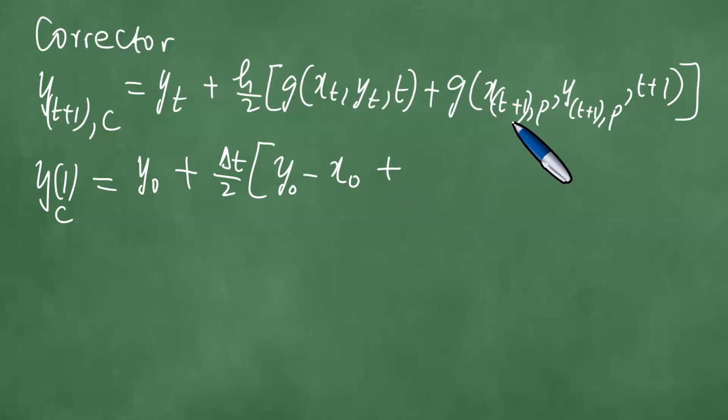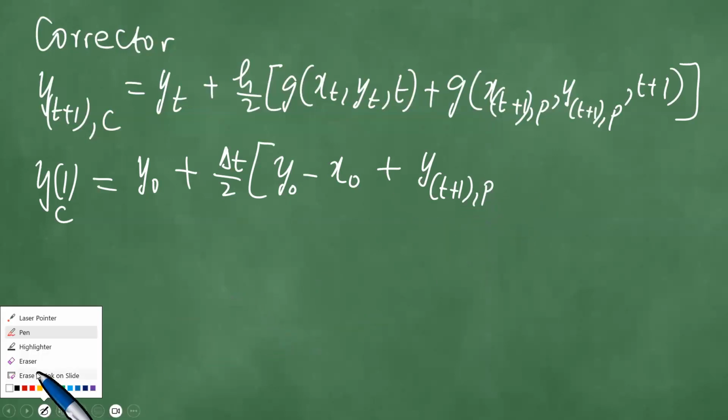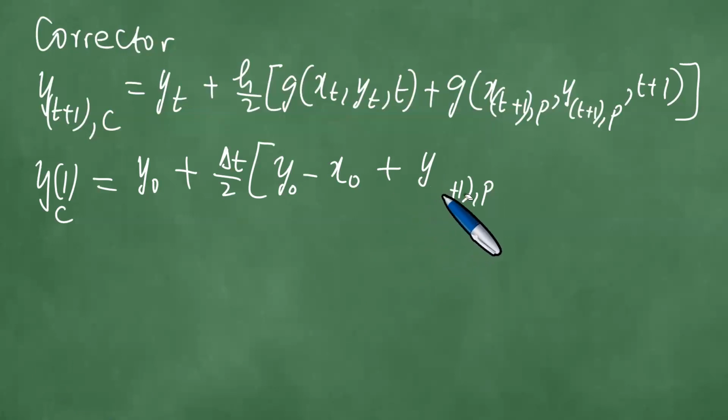And then now you come to the G here for the predictor part. But this G also must just be Y minus X, but using the predictor variables. So which means that it's going to be Y at T plus 1. Okay, I need to substitute this, the subscript.